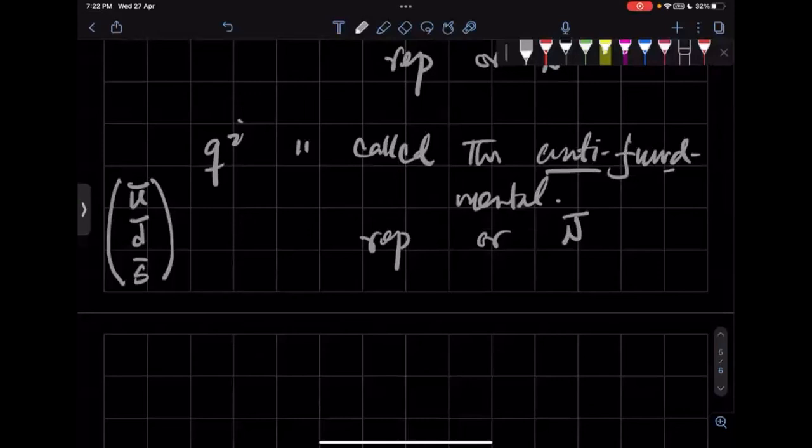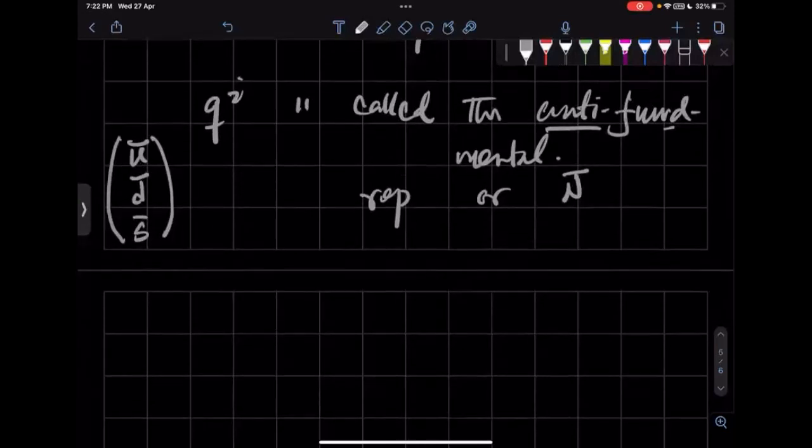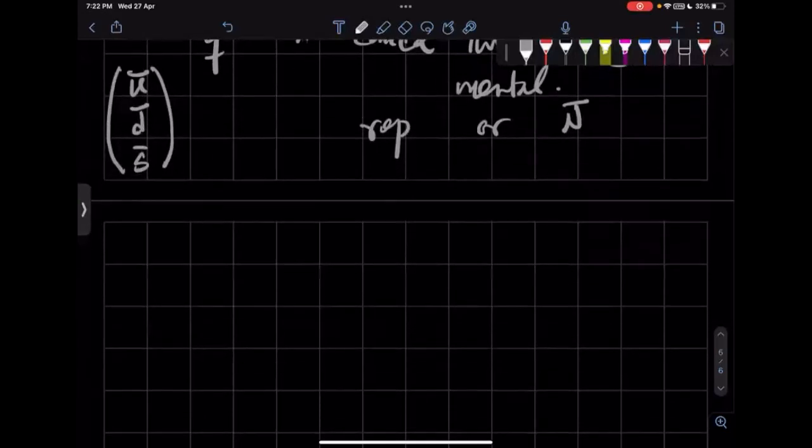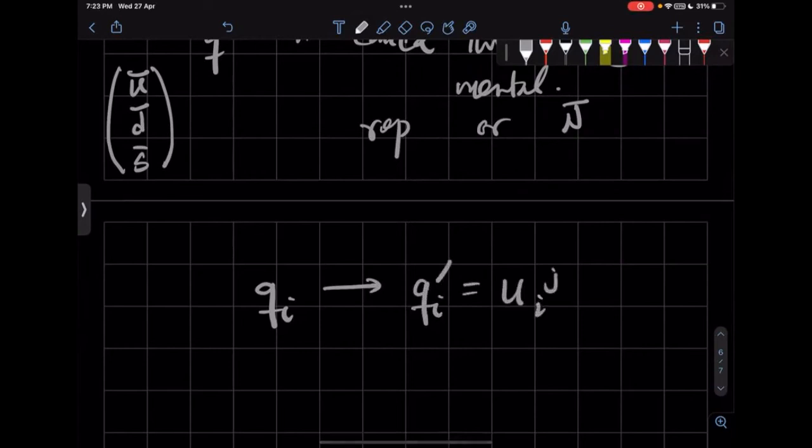Okay, so far I'm just giving out information. So how does QI transform? Well, it'll go to QI prime. We'll have an SUN matrix acting on QI, right? Where U is an SUN matrix.